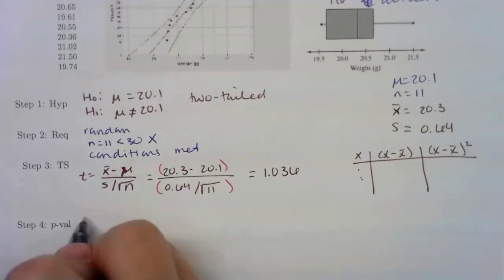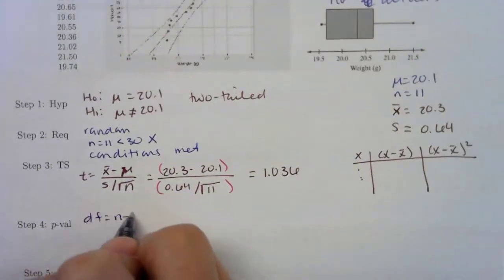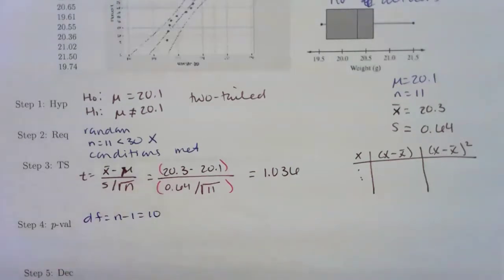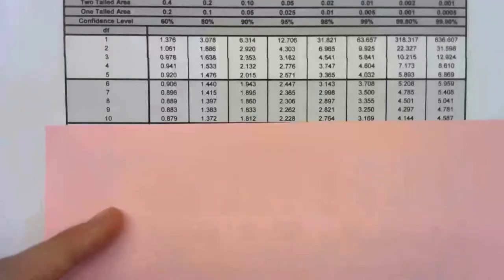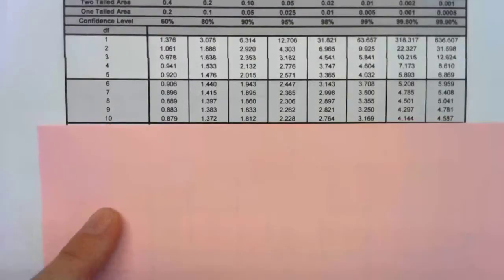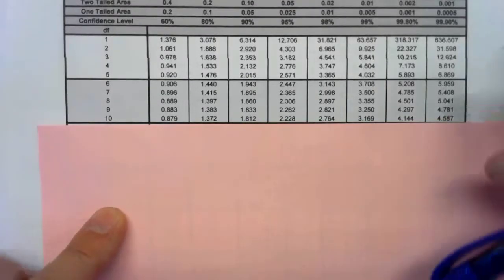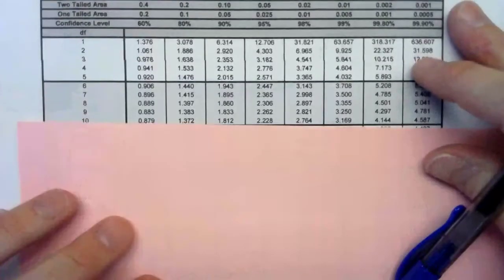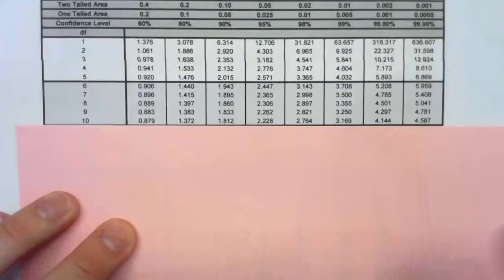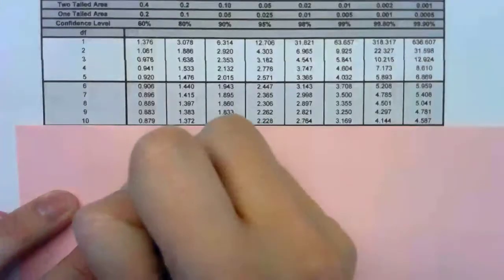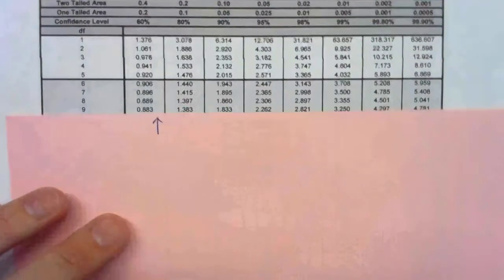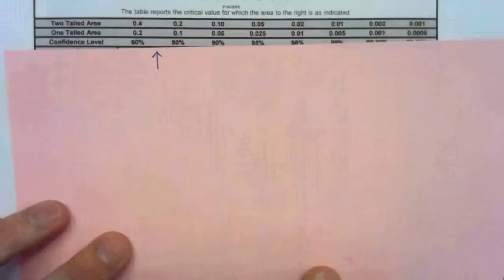So when we find our p-value, we start at our degrees of freedom, look for the test statistic. Our degrees of freedom is 10. We're looking for 1.036. And this is a two-tailed test.